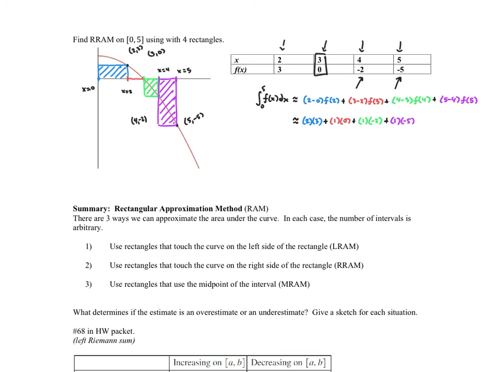All right, so as we add these together, I get 6 plus 0 minus 2 and minus 5.